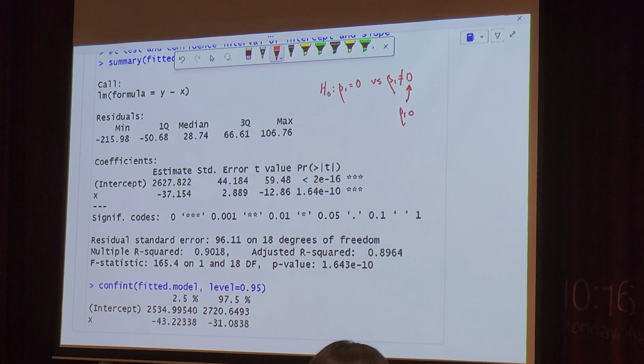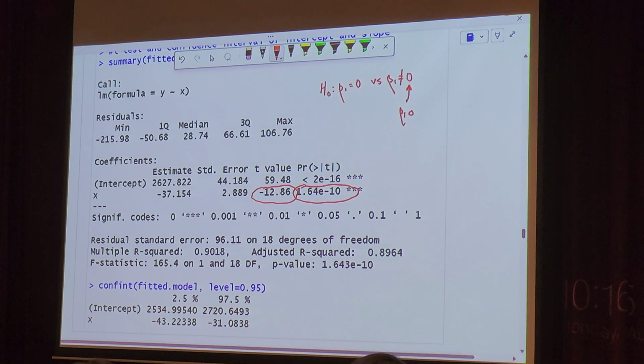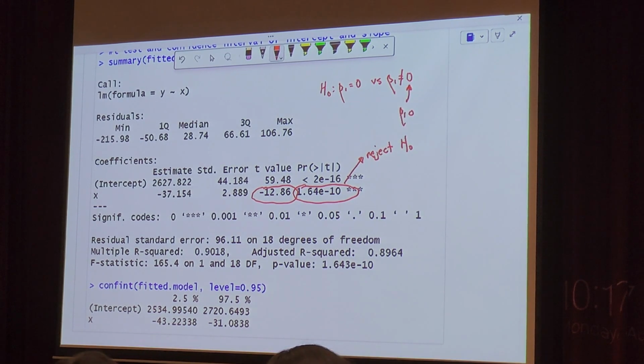Well, the test statistic is given by this, and the p-value is this. So p-value is very small, so we reject the null hypothesis. And so there is very strong evidence that this slope here is not 0.